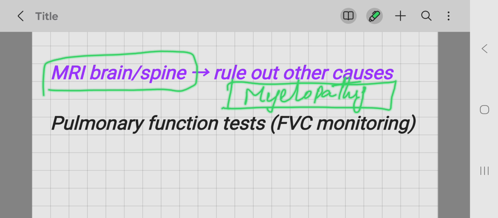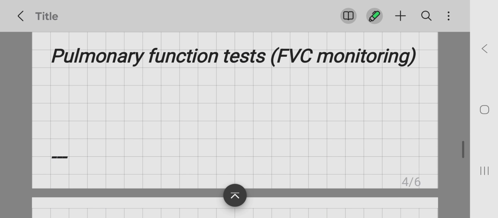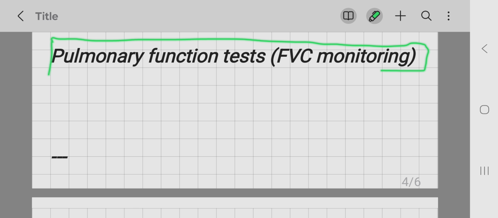Therefore, this should be ruled out to diagnose motor neuron disease. And pulmonary function tests should be done because mainly the thing which is affected and leads to mortality is your ventilation.